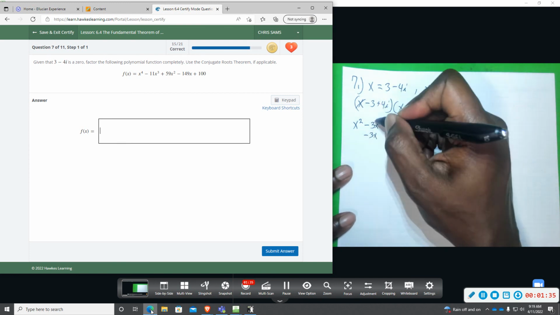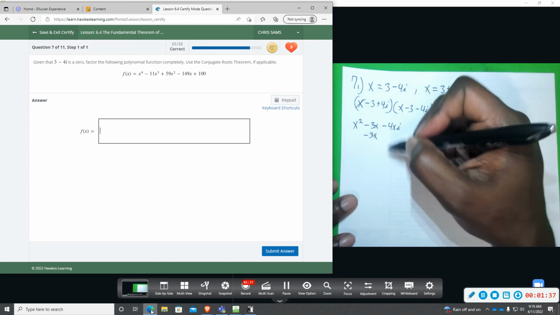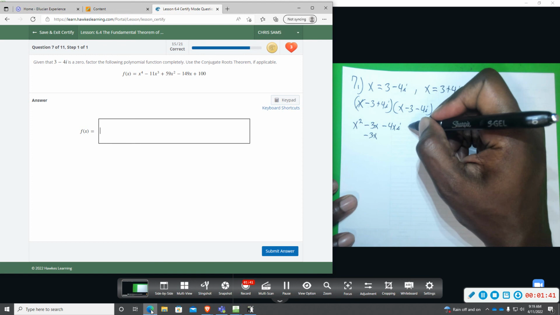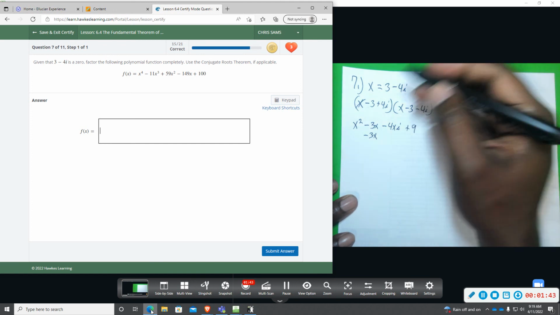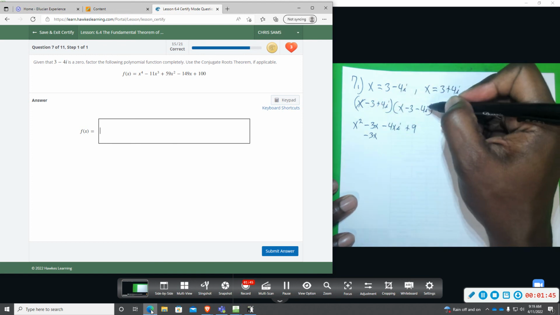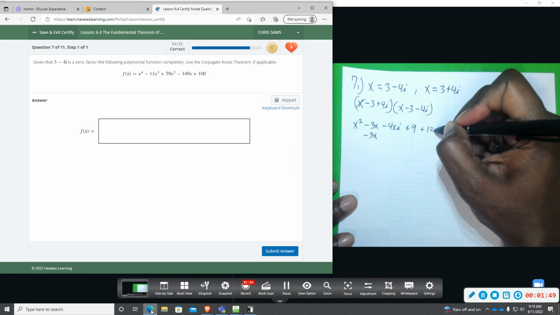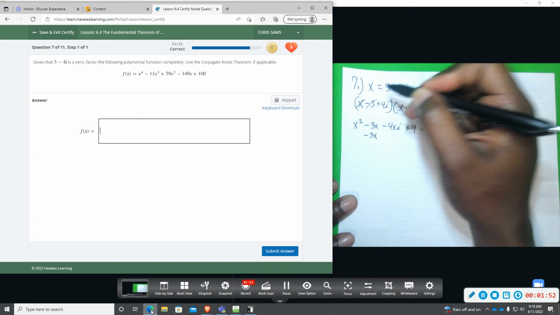Negative 3 times x, negative 3x. Now I'm going to line them up with their like terms to make it easier to simplify. Negative 3 times negative 3, positive 9. Negative 3 times negative 4i, that will be a positive 12i. Done with that one.